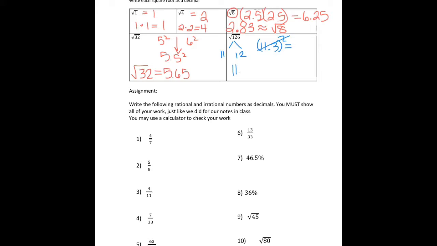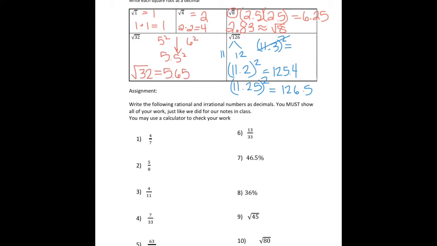Let's try 11.2 squared. So 11.2 squared equals 125.4. So let's try 11.25 squared. We're trying to get as close to 126 as we can. So 11.25 squared equals 126.5.